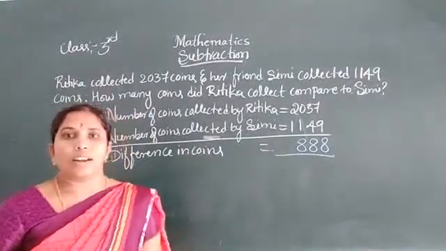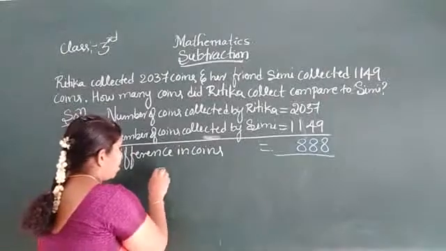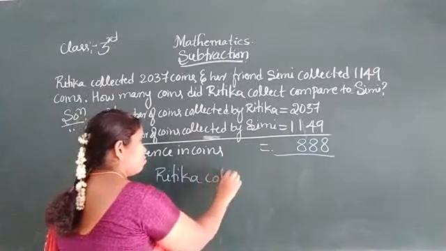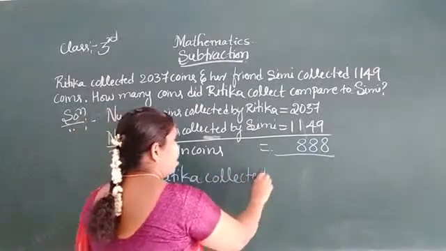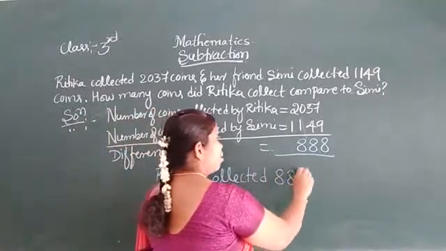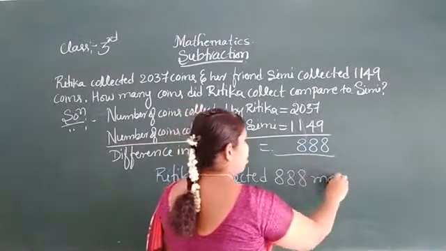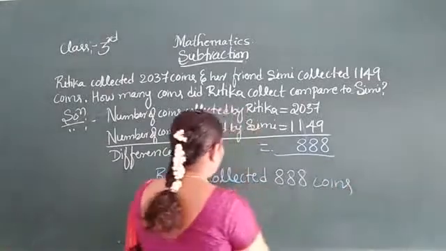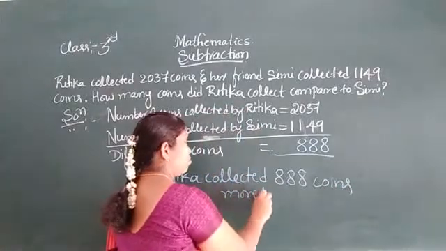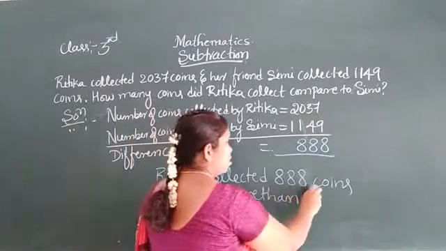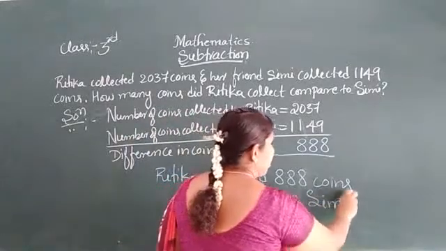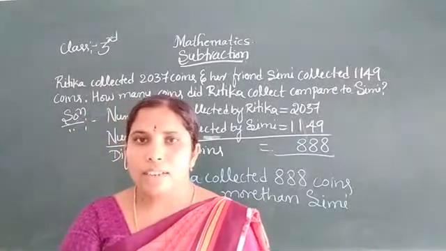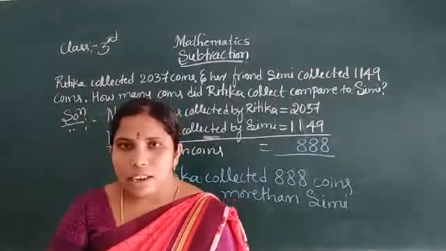Ritika collected 888 coins more than Simi. That is the final answer. Do you understand? Okay.